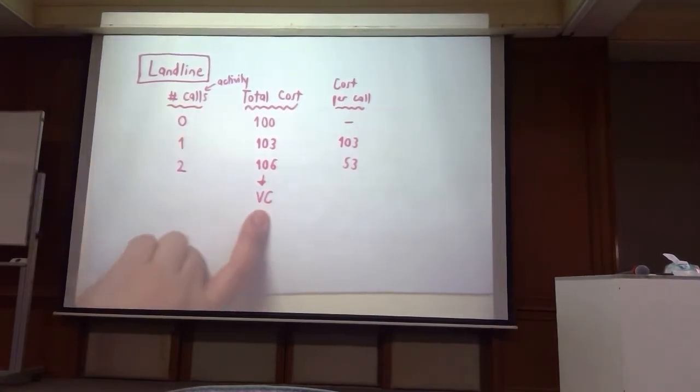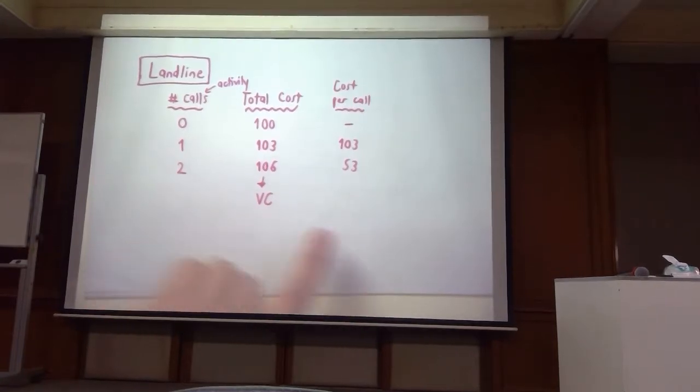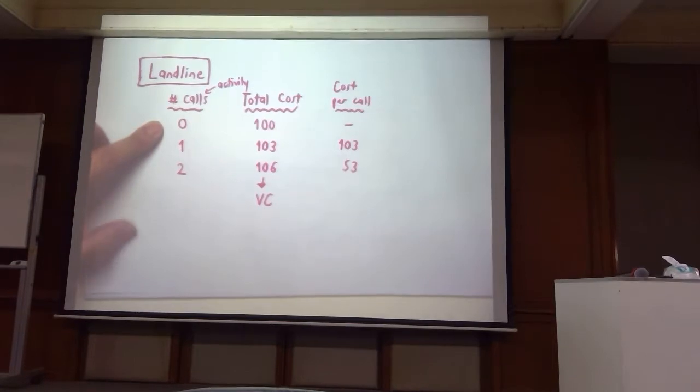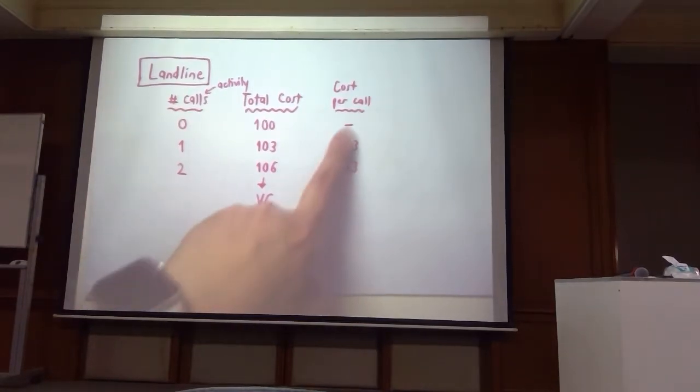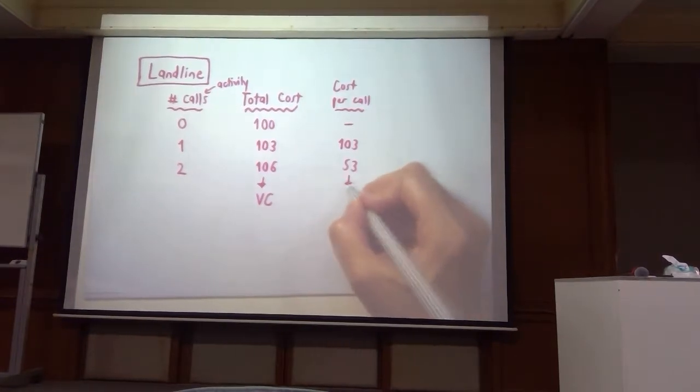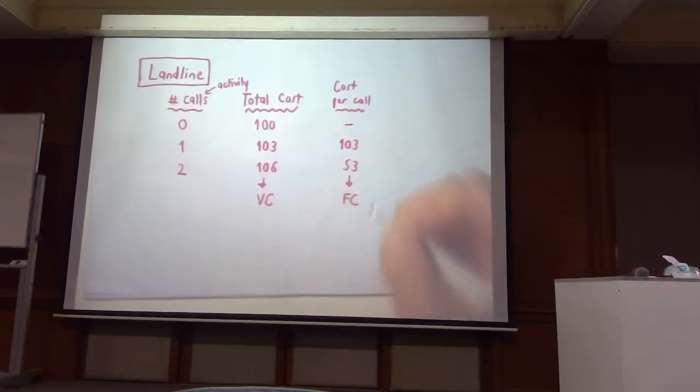How about the cost per call? If you make more calls, the cost per call tends to reduce. So this one is the characteristic of the fixed cost. As you can see, the mixed cost tends to share the characteristic of both variable and fixed cost. That's why we call it the mixed cost.